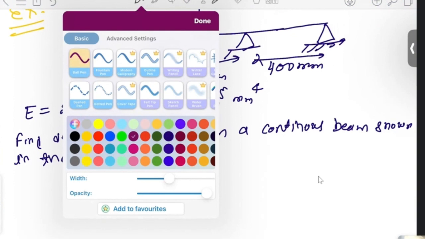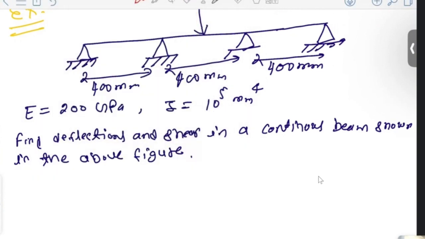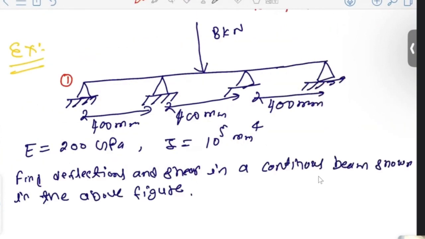Now first we have to find how many nodes we are having. So this is our node 1, node 2. This is also one node, node 3, this is node 4 and node 5. In total we are having 5 nodes, and each node has 2 degrees of freedom.